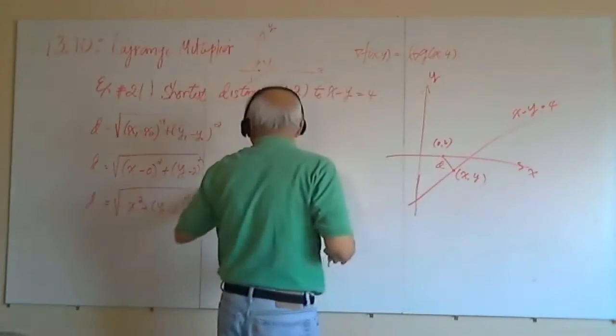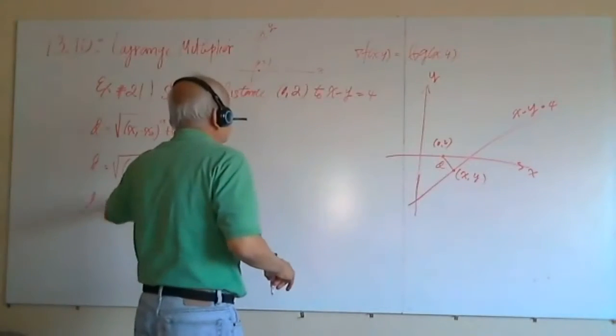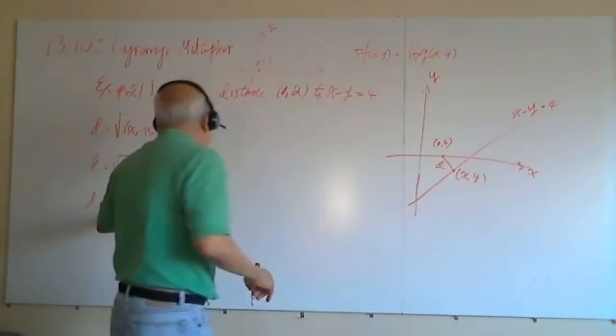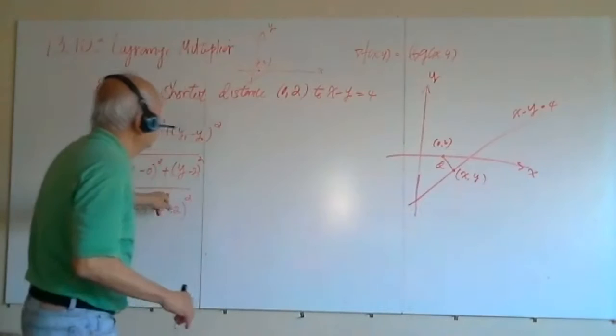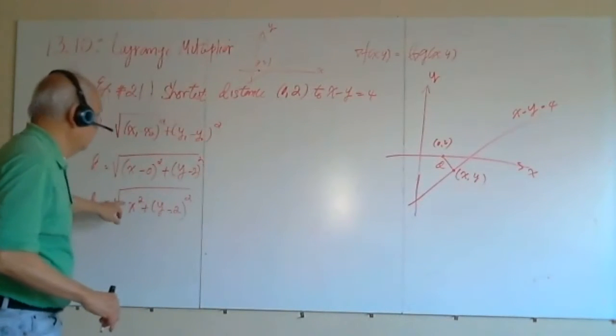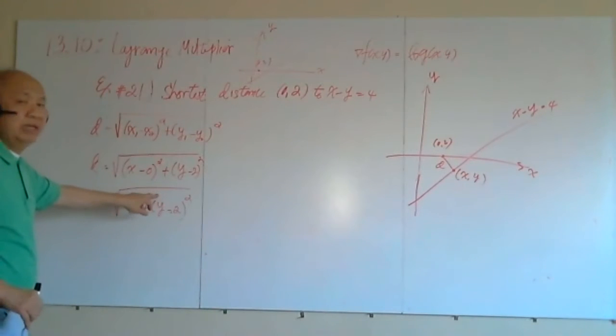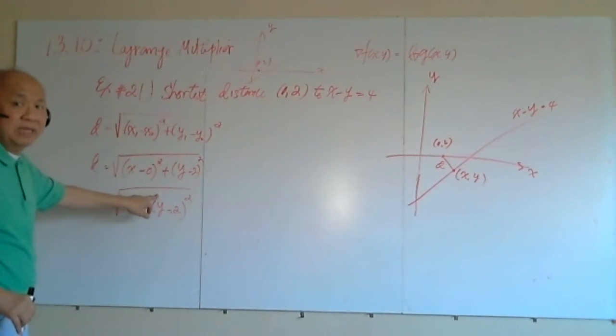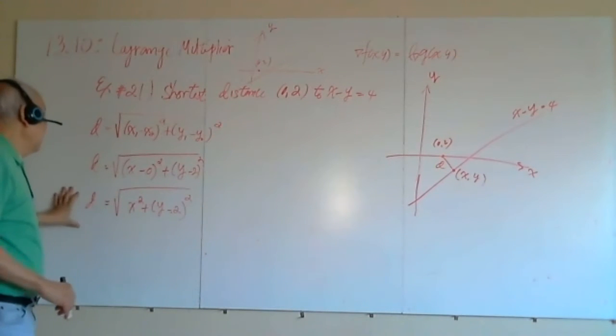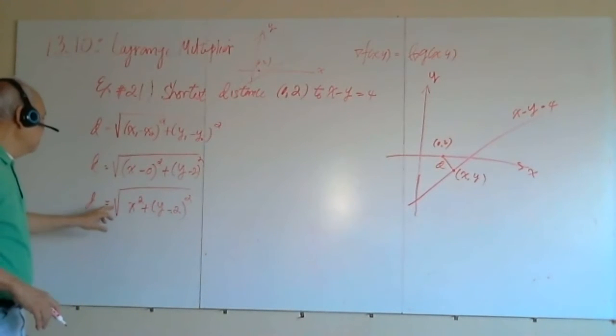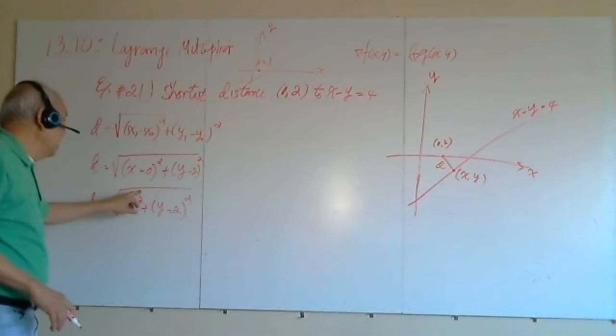So if I take this one as the f, I have to find the gradient of it. But having the square root is very difficult. It's a pain in the neck. It's not impossible, but very difficult. But in hindsight, I see that the square root is actually nothing.